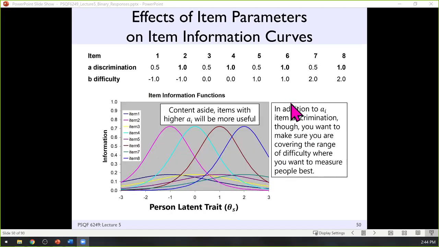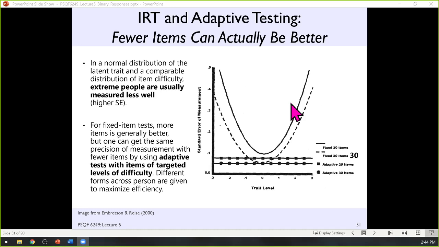Okay, so we hit this point. This picture is from your textbook. There is an error in the legend, but they are contrasting the idea of fixed test versus adaptive tests of different lengths. So in general, you would expect that a test that has more items, or an instrument that has more questions, would measure better, but that's not necessarily the case. The whole idea of computer adaptive testing is to only administer items that have information where you need it.